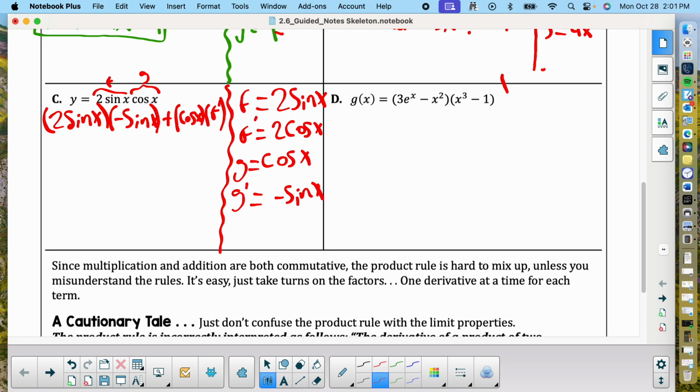You're not going to be able to fit it. Was it sine squared x or is it sine x squared? 2 cosine squared x. And then you add that together, and that's just what it is.